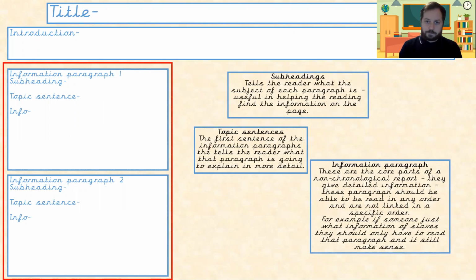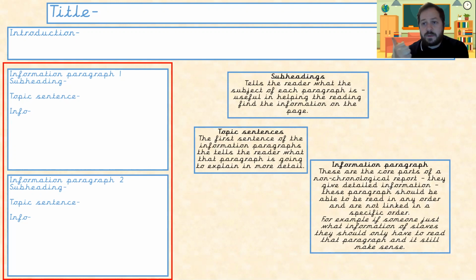Now, before you go away and do this, there are a few different ways you can go about doing this. You can make, and it's probably the easier one to do, a generic Viking non-chronological report. And you can have each of your paragraphs as different parts completely about the Vikings.